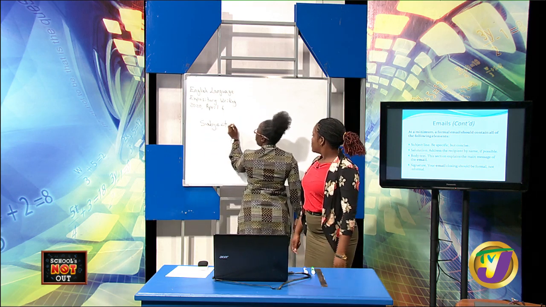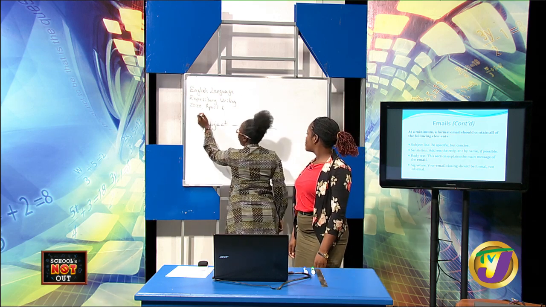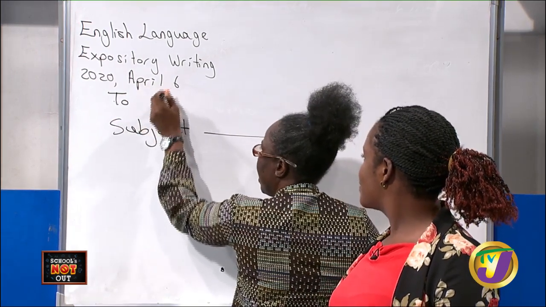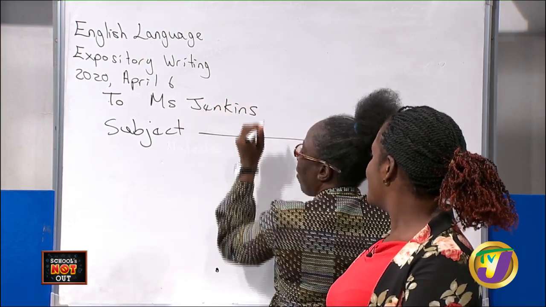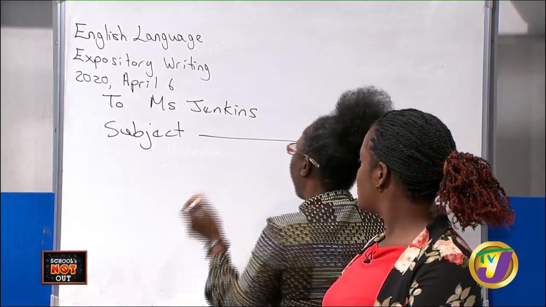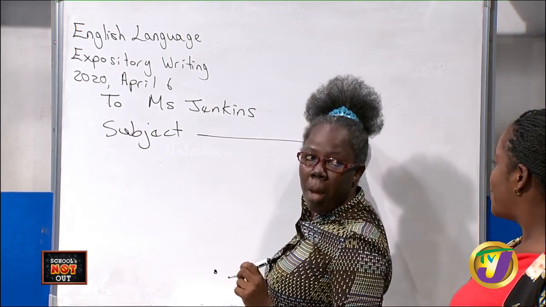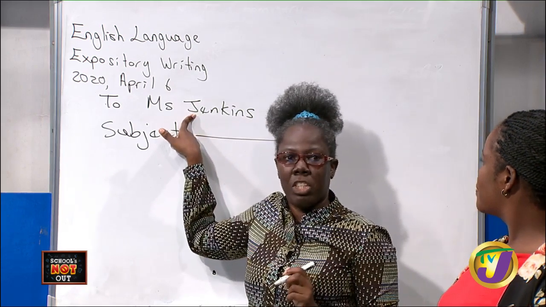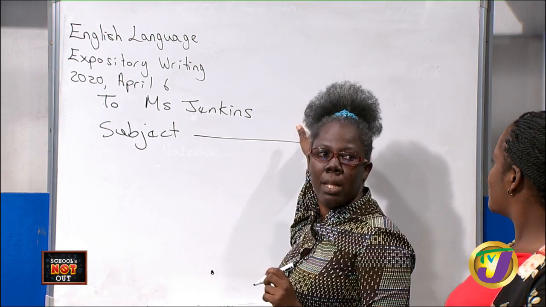Many persons don't put the subject line in their emails, but you should. So you can say to, and you send it to whoever you want. Miss Jenkins. All right, and then what I want to bring across is the CC. This is carbon copy, and this is so that the person that you are writing, Miss Jenkins, knows that you are sharing the email with somebody else.